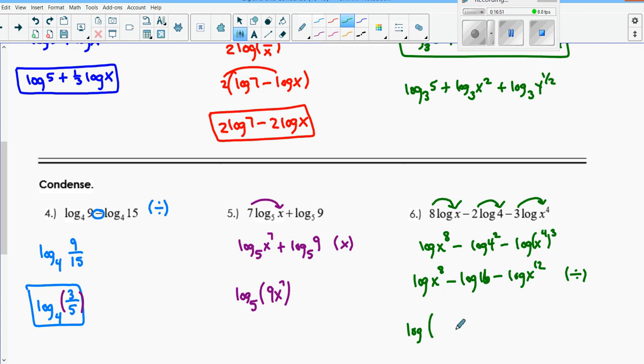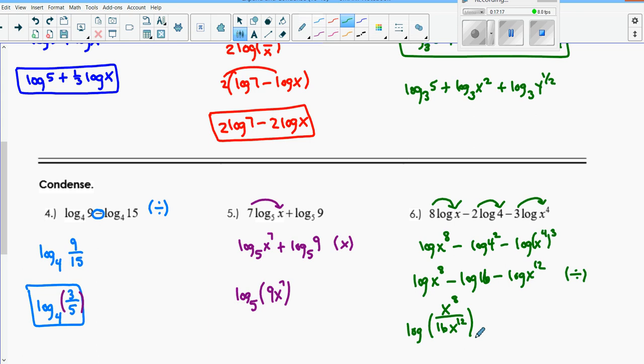When we combine these, same thing as the homework problem. If I'm doing this minus this minus this, anytime I'm subtracting after the beginning, it is all going to go into my denominator. So the x to the 8th would be my numerator, and then since I'm subtracting, I'm now in my denominator, which would be 16. And then this also goes in my denominator as x to the 12th. So then those two are the product of each other.